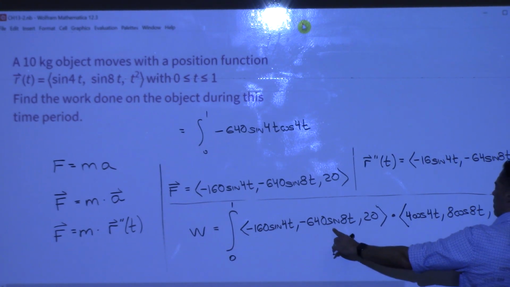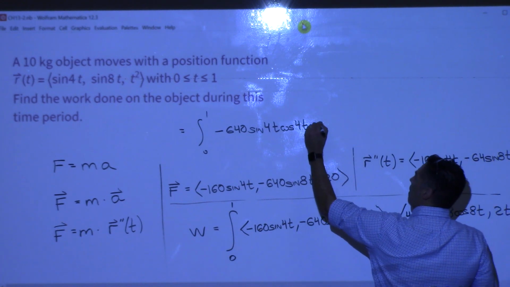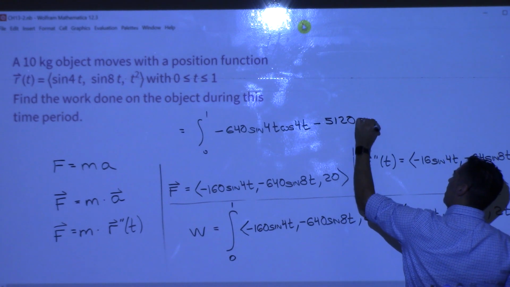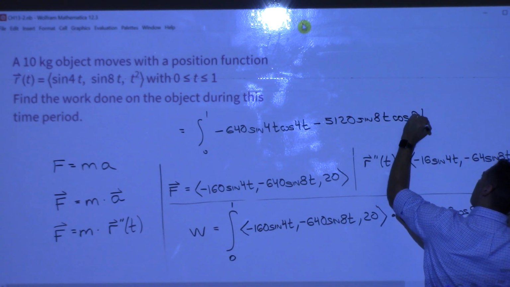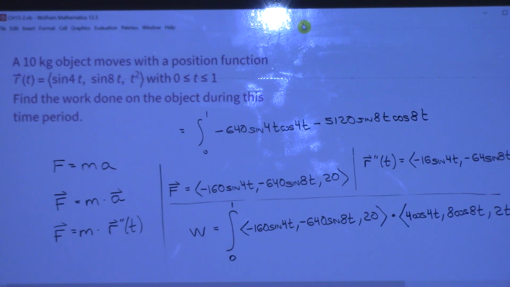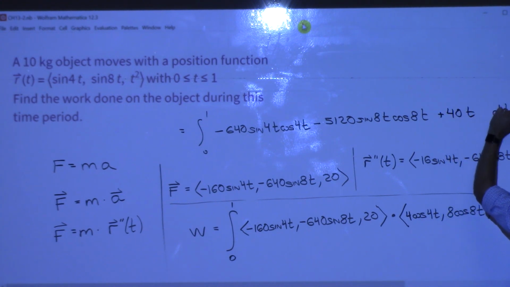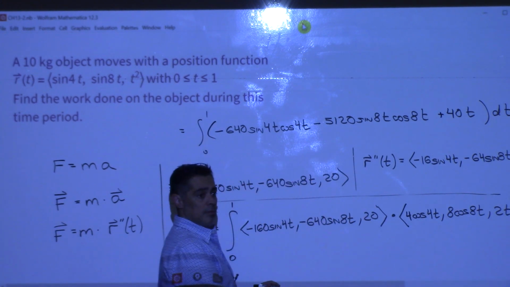Calculator, please, somebody. 8 times 640, negative 5,120, and then it'll be sine 8t cosine 8t, right? And then finally, 40t dt. Is that all right?